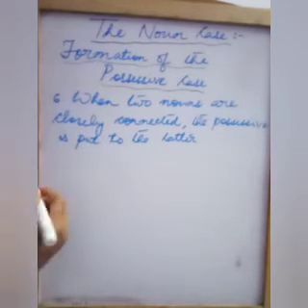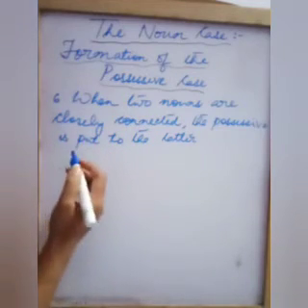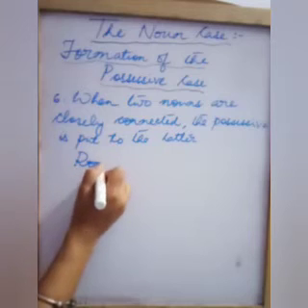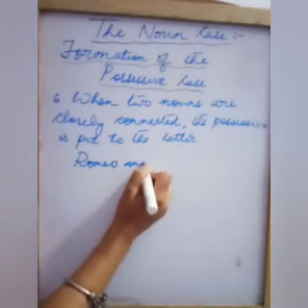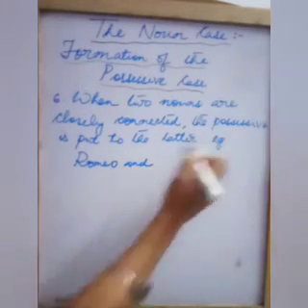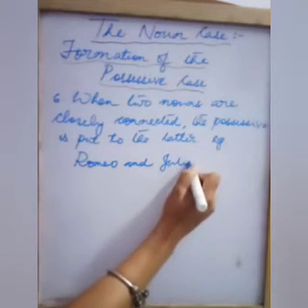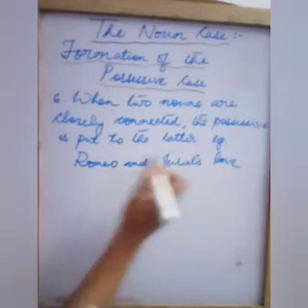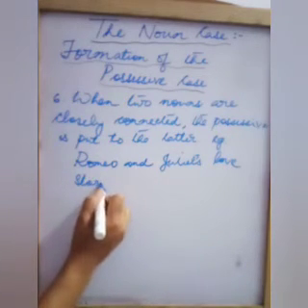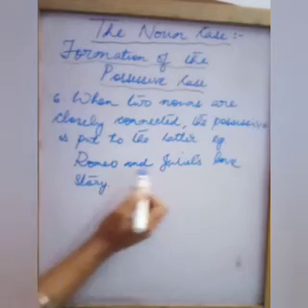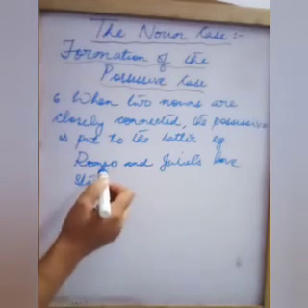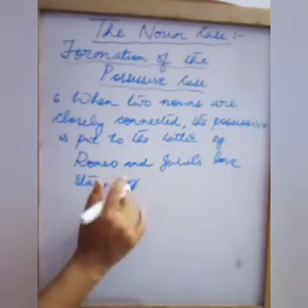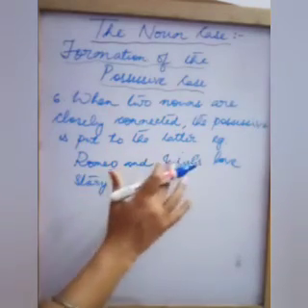So let me give an example. A very famous example, say, Romeo and Juliet's love story, right? So see, these two nouns are associated, isn't it? We always take the name of Romeo and Juliet together, but they are two different nouns. They are not the same people. They are two different persons, right?